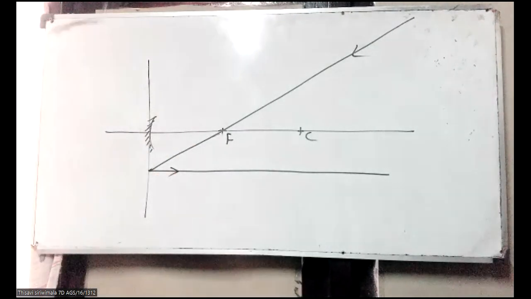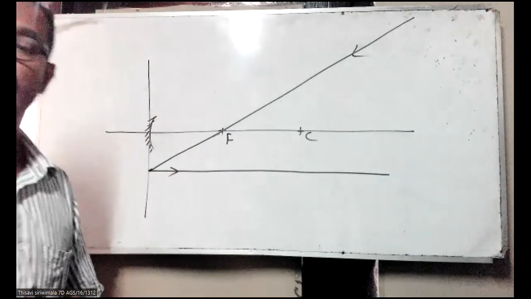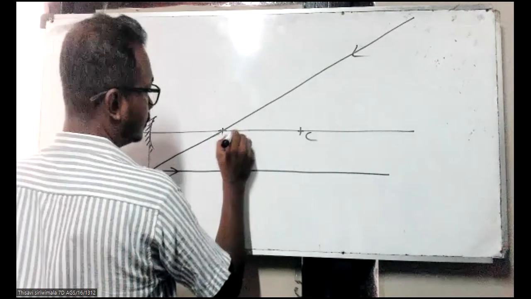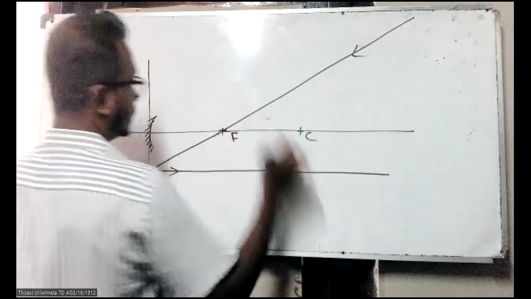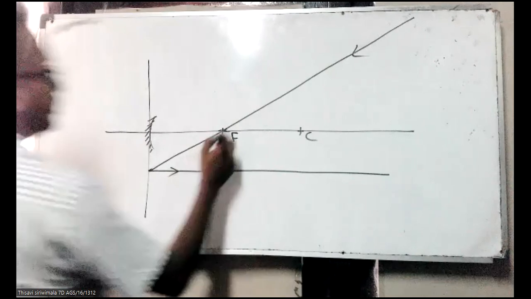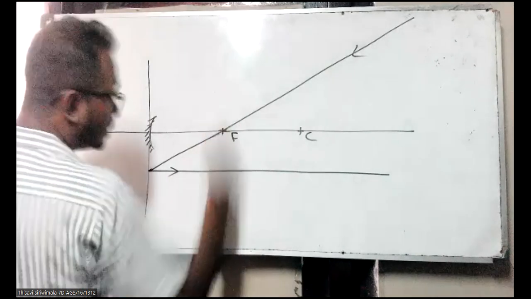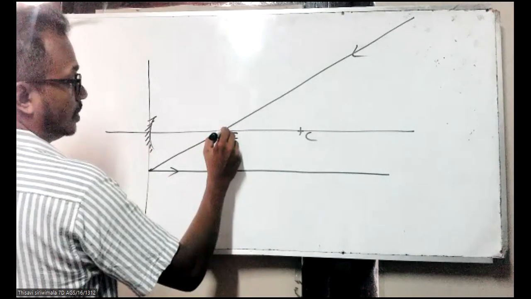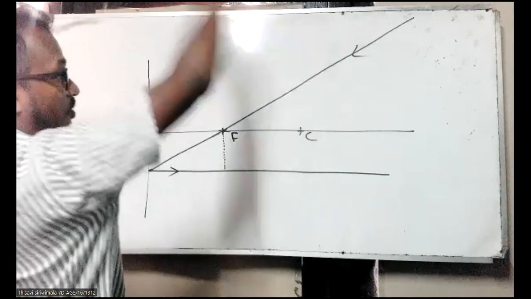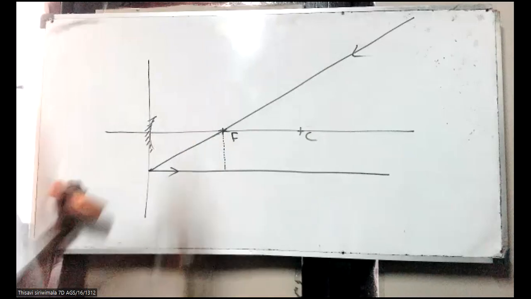And we know, right? We have to use the knowledge that we know. Okay, so we know the image will be forming on the focus. So if the object is far away, image will be forming on the focus.